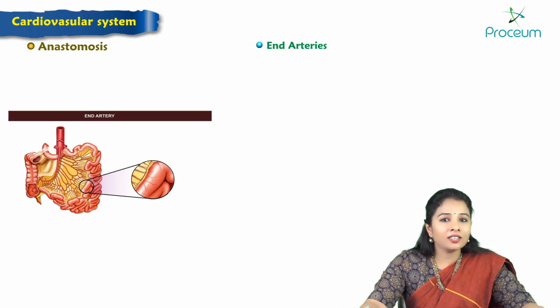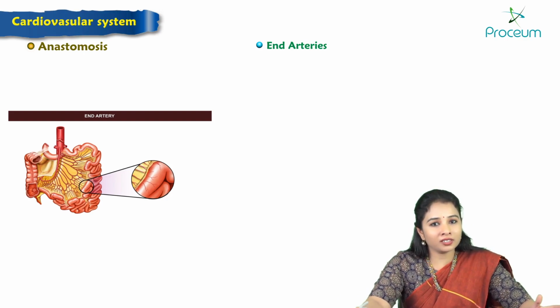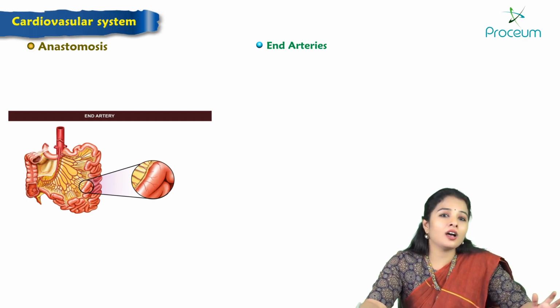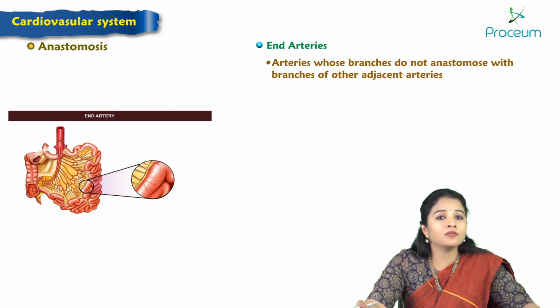So let's talk about the end arteries. These are the arteries whose branches do not anastomose. Till now we were talking about communication between the vessels, and blood vessels which don't have any communication are regarded as end arteries. They do not anastomose with the branches of other adjacent arteries.